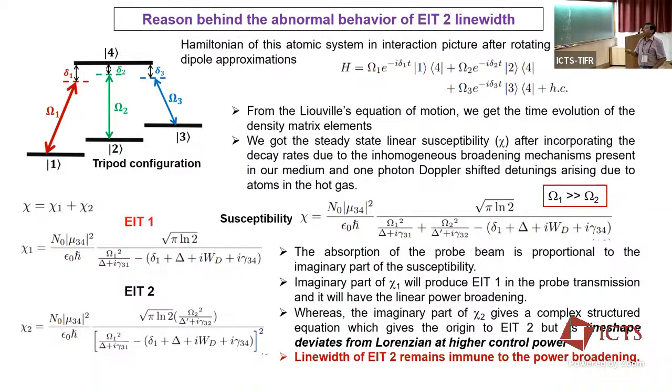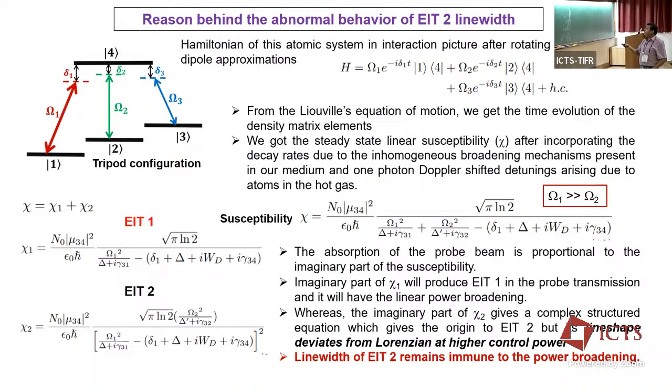These are the susceptibilities. For EIT1, we got a chi1 expression, which is an expression of a Lorentzian. With a little bit more work, this becomes a Lorentzian, and a Lorentzian has linear power broadening, which is inherent to it. The absorption of the probe beam is proportional to the imaginary part of the susceptibility.